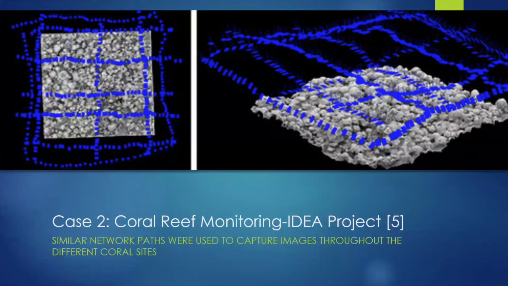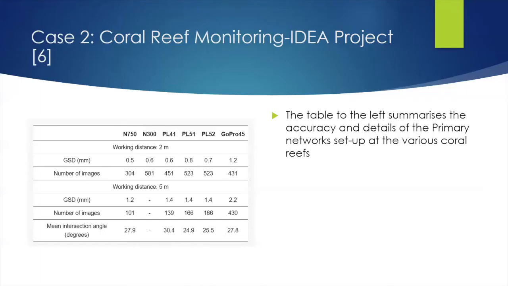So this image details the imaging path that was followed. This, I believe, is a 5 by 5 meter area, but similar paths were followed for the larger coral reef plots as well. Here we can see the accuracy and details of the primary network setups at various coral reefs.